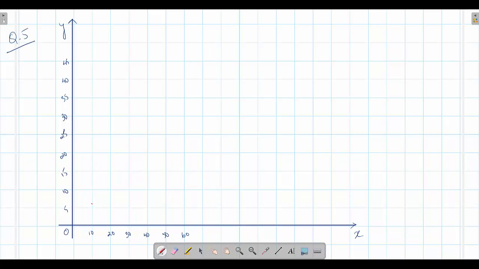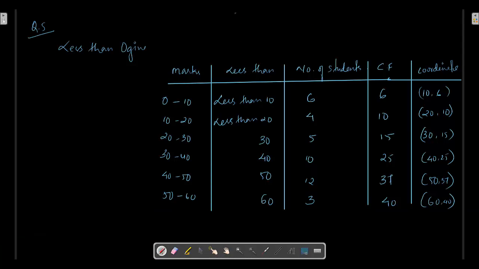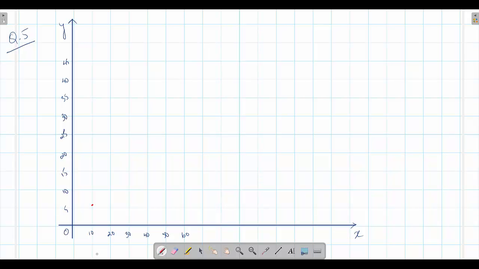You just make a dot like this. Let's take the bigger one, and make a dot here. This is 6. Next is less than 20. Less than 20 is 10, so less than 20 is here.